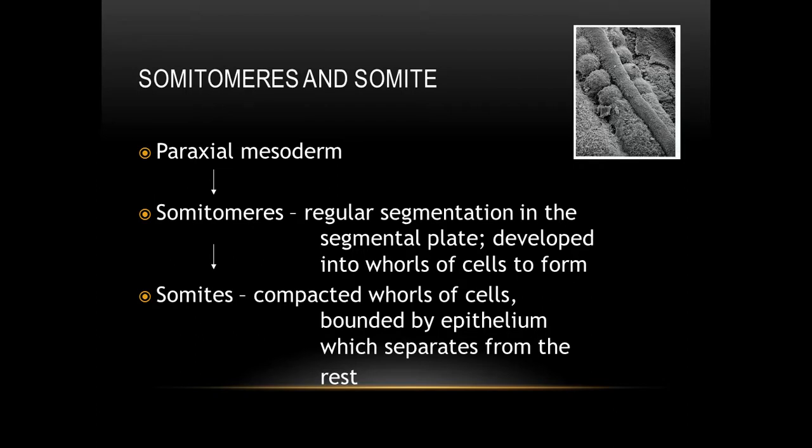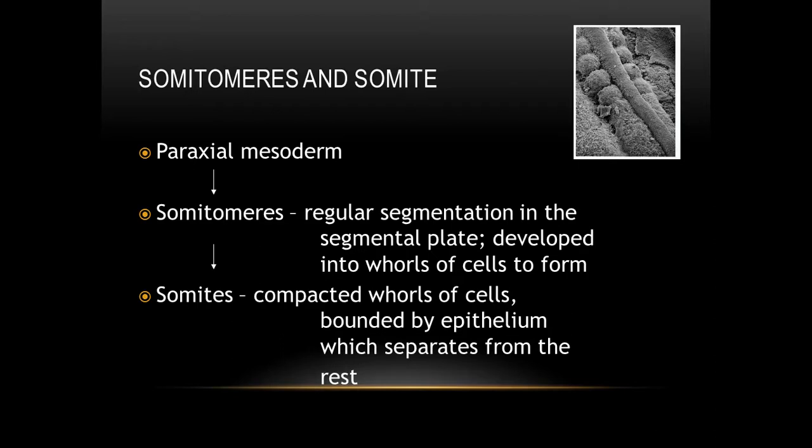When these somatomeres begin to compact as whorls of cells that are bounded by an outer basal lamina, separating it from the rest, we can call it somites. The somites, unlike somatomeres, are possessing a central cavity, which contains the apical portions of the cells.